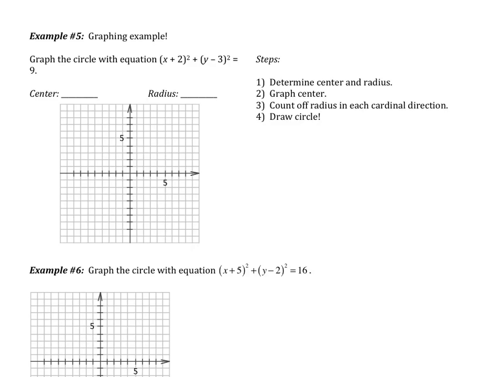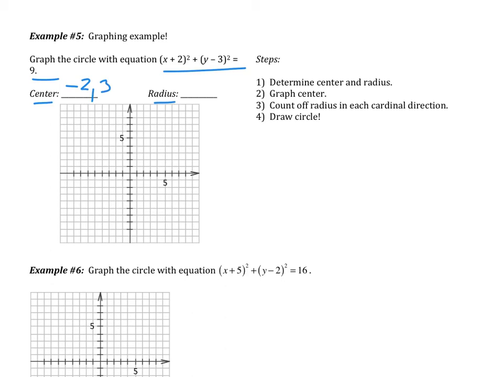All right. The last part deals with the idea of graphing. In order to be able to graph, you have to understand the equation really well, and to help with that, always identify your individual pieces. Based upon the equation that you see here, where is the center? -2, comma 3.